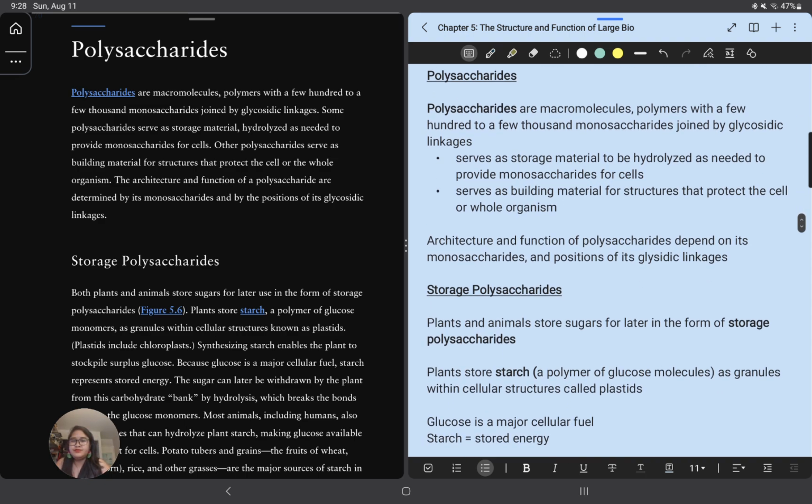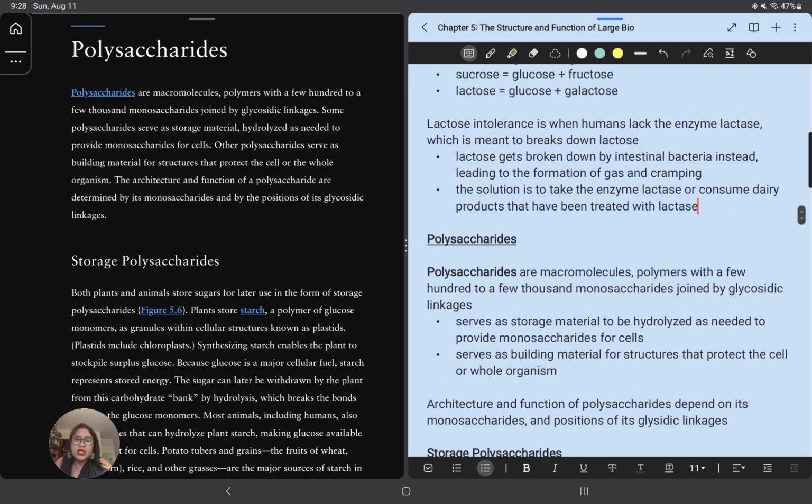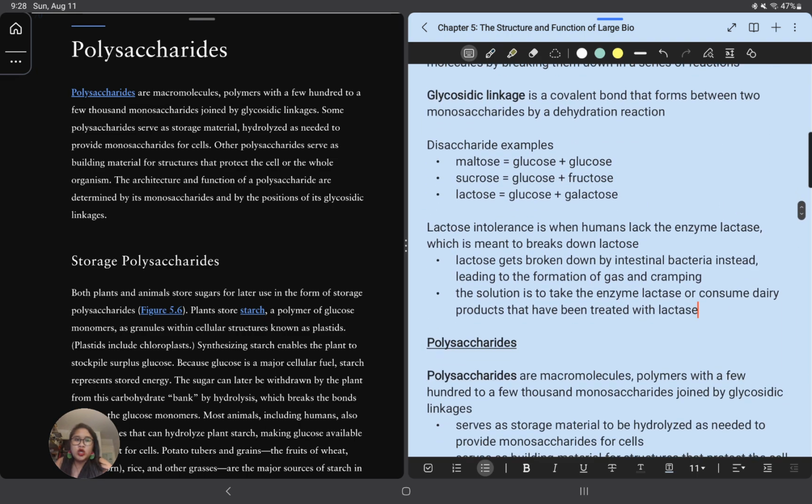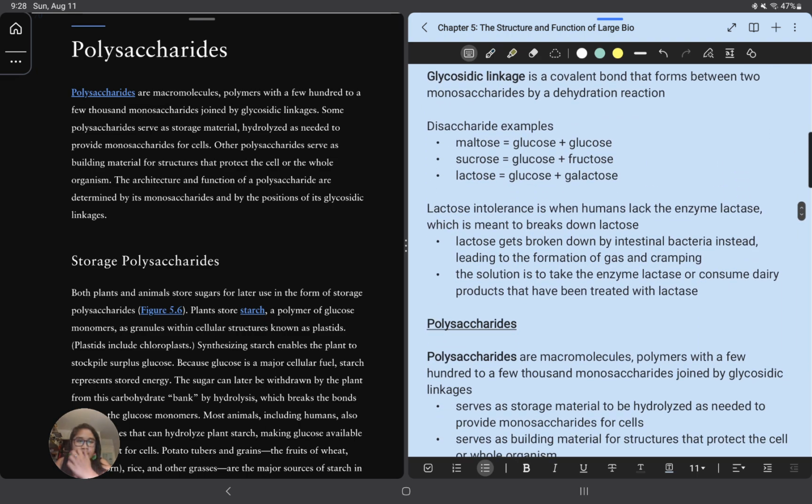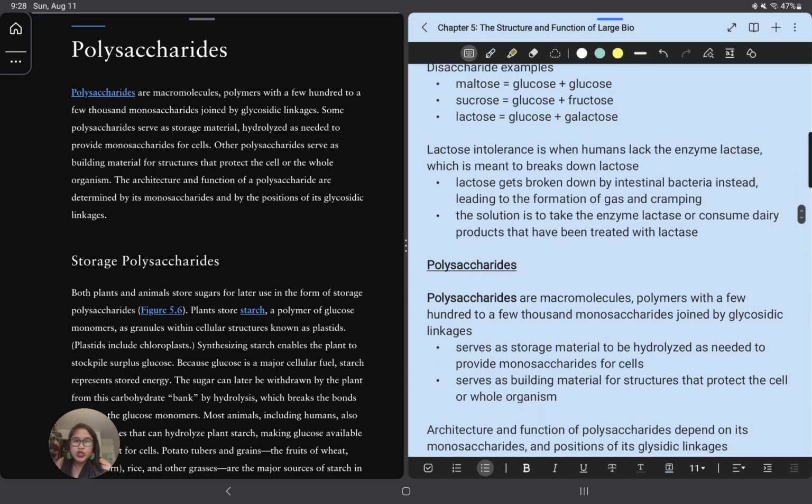Okay? Polysaccharides are macromolecules, polymers with a few hundred to a few thousand monosaccharides joined by glycosidic linkages, which, as we mentioned before, is a covalent bond that forms between 2 monosaccharides by a dehydration reaction.